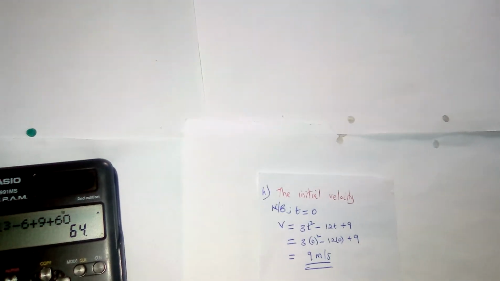So now let us look at the next bit of it. How now can we solve the last bit of the equation? The last bit is: find the distance moved during the third second. Find the distance moved during the third second.